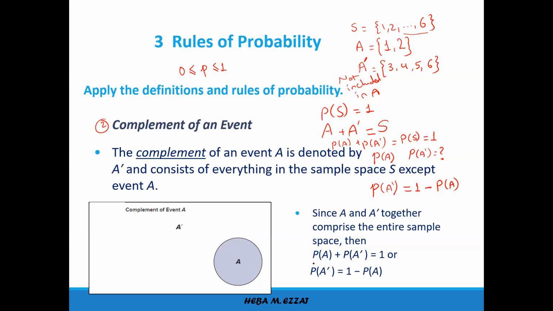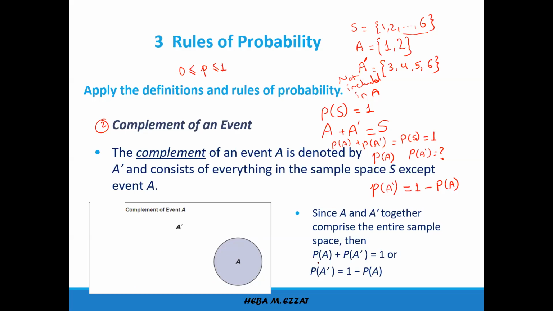Okay, so here this shows you a diagram of the sample space. It shows that this is the event A, even if it's a single event, and the complementary set that contains all that is not included in A. Of course, both of them make up my whole sample space.